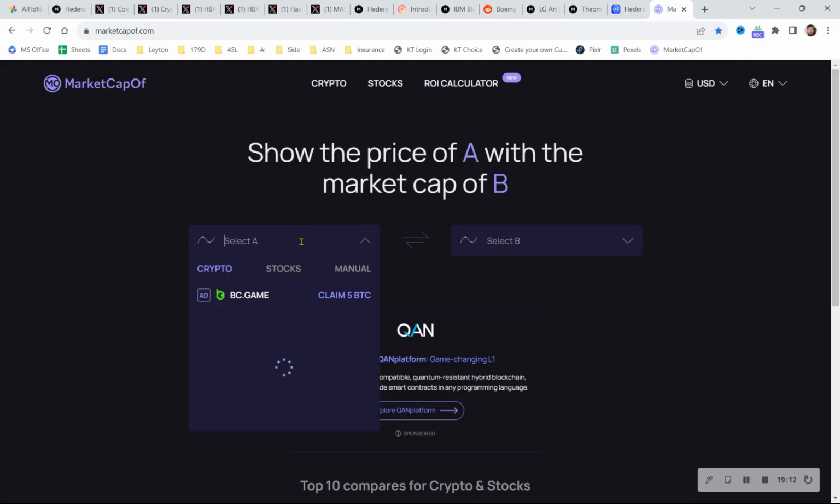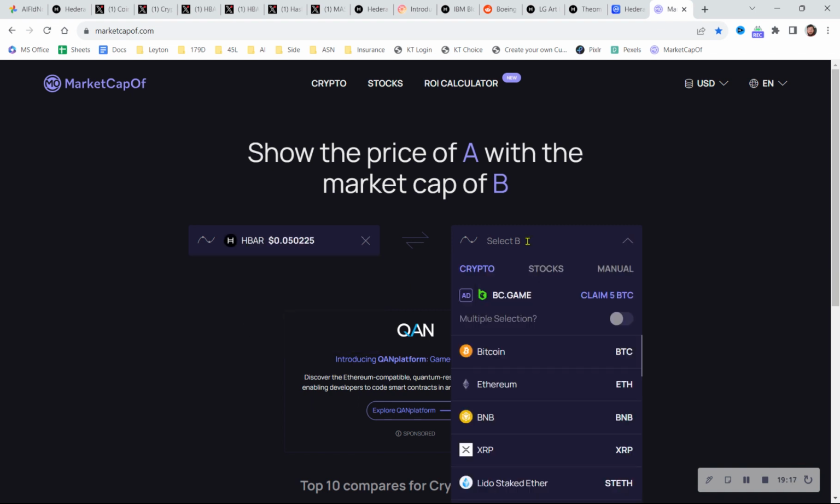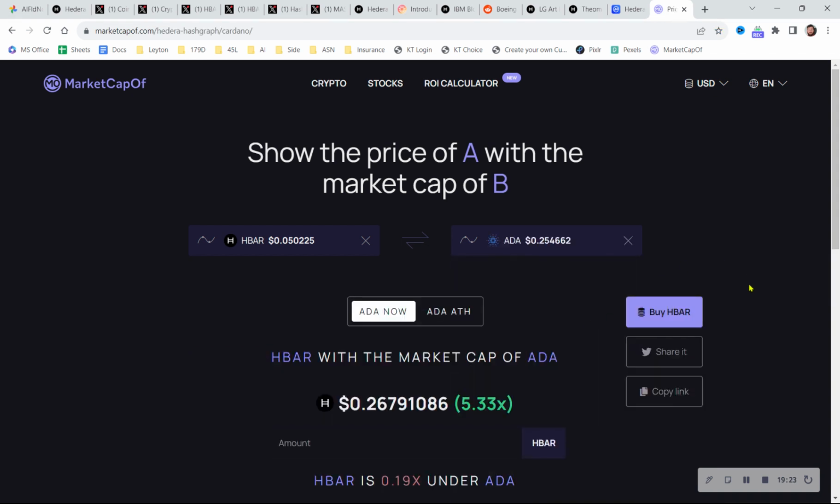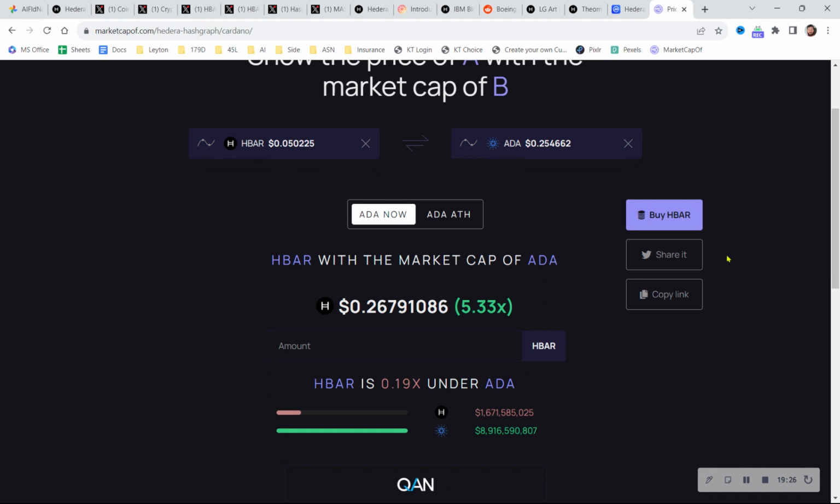And let's just take some comparisons, right? So Kevin Cage compares a lot of things to Cardano just because it had that huge run up in the past. So if HBAR had the current market cap of ADA, we would be at about 27 cents or so, which is just about a 5.5x. It isn't amazing.